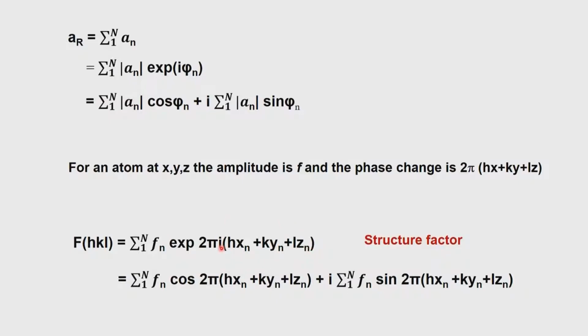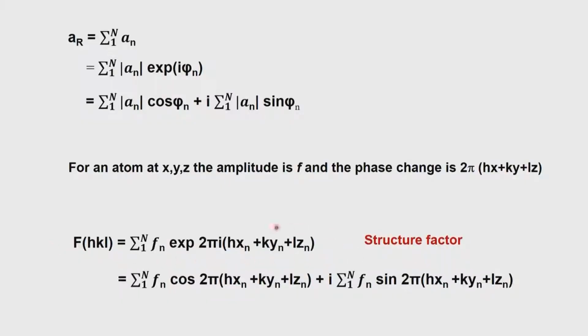In the case of a centrosymmetric structure, this imaginary component will not be there, it will become a cosine function only. But in case of the general crystal structures where we have non-centrosymmetric materials also, this will be the expression. So, this is another key expression for our calculations in the future.